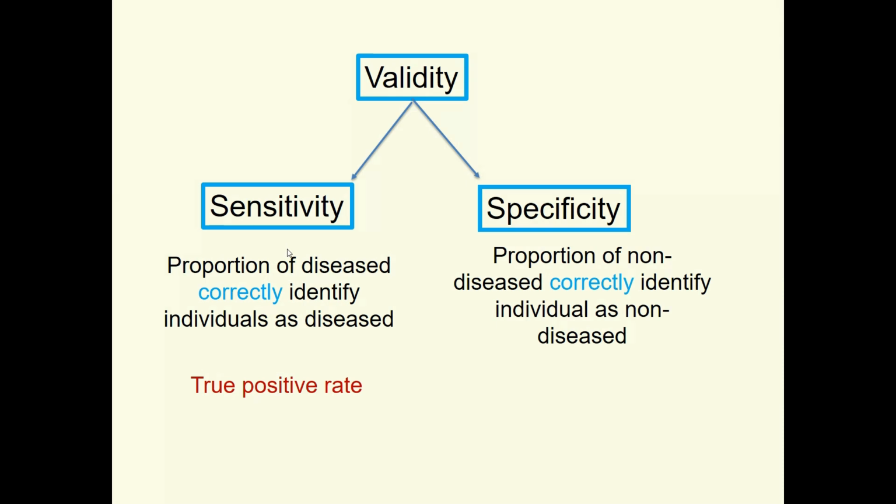It means how reliable that test is in identifying true positives. Whereas specificity is expressed as the true negative rate, meaning if there is no disease, how true it is that there is no disease.